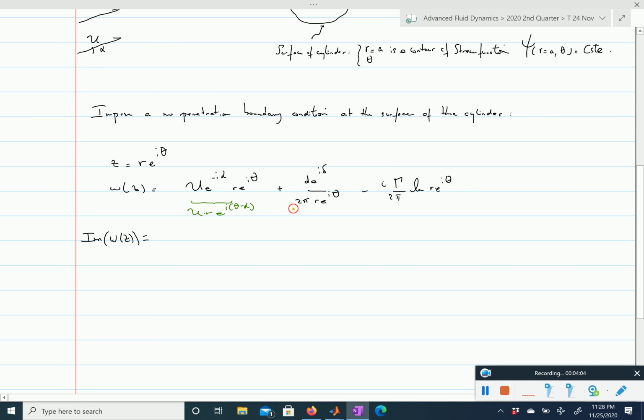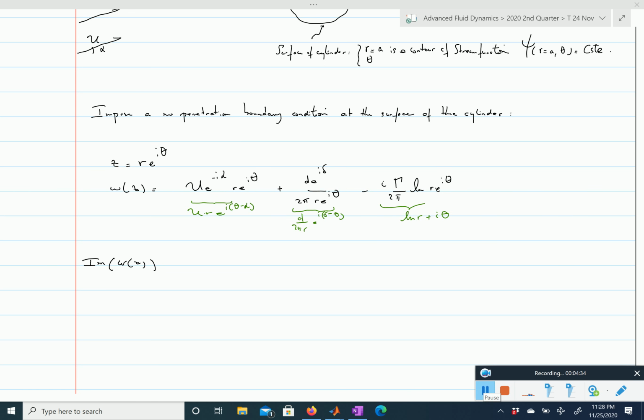The dipole term is going to be D divided by 2 pi r, and we have exponential i delta minus theta here. And the log of r exponential i theta is simply the log of r plus the log of exponential i theta, so plus i theta.